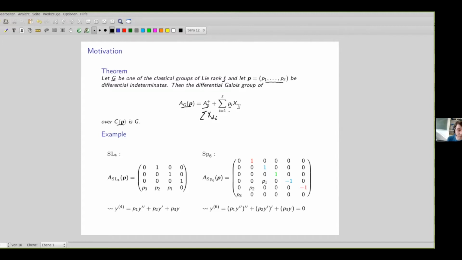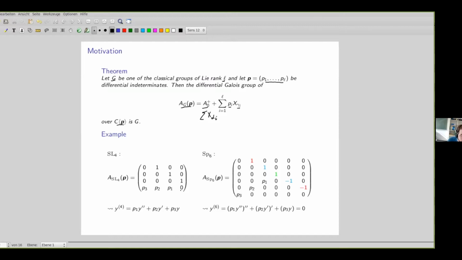So here, this is the parameter. And down here, I have an example how these matrices look like in the case of the special linear group and in case of the symplectic group, where the representation is in case of the special linear group of dimension 4 and in the other case of dimension 6.